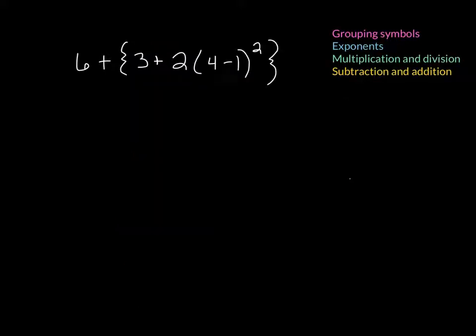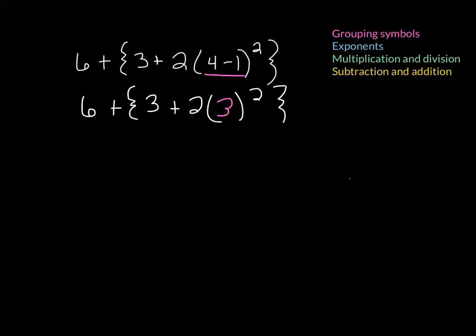For this example, we have grouping symbols inside of grouping symbols. So we're going to start with this innermost grouping symbol first. 4 minus 1 is 3. And then everything else we bring down exactly as it is. The only thing that changed was the 4 minus 1.